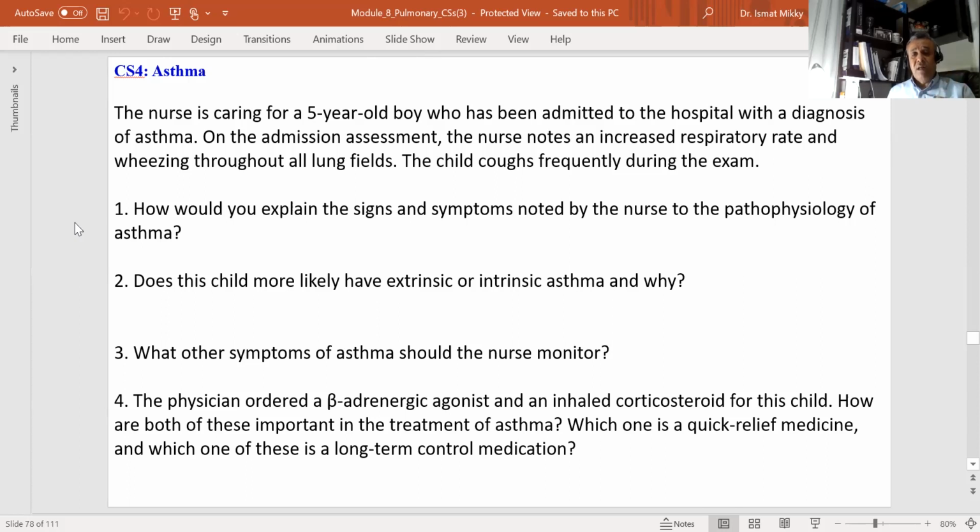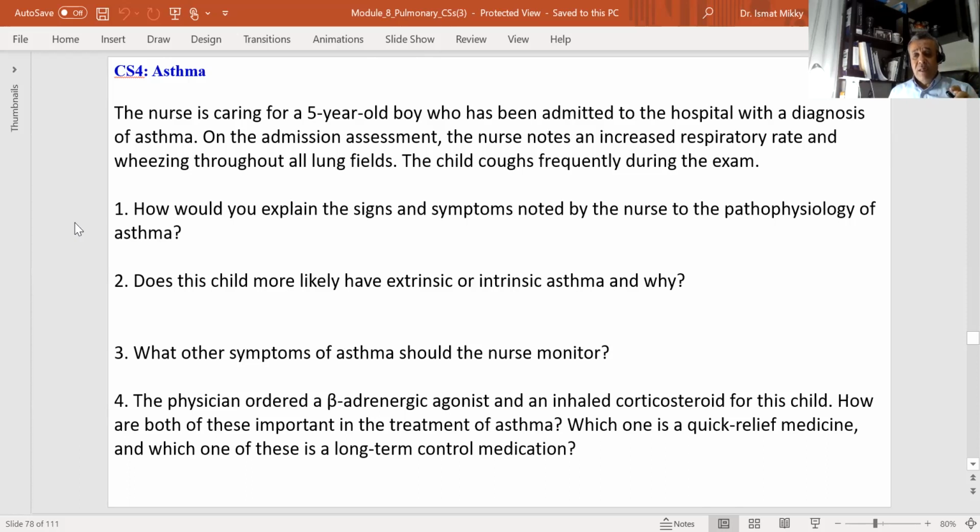Because of the age of the child, you would pick extrinsic asthma. Extrinsic asthma is associated with allergy and is stimulated by a type 1 hypersensitivity reaction.